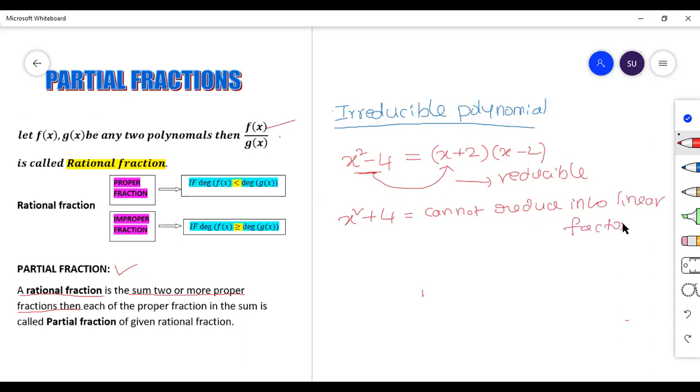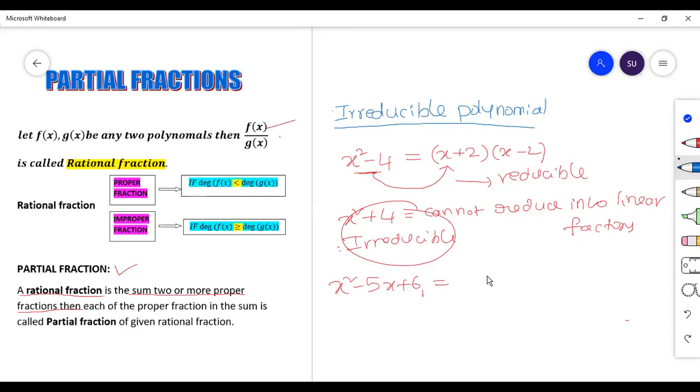So this is called irreducible. Now, x square minus 5x plus 6, can we factorize this?